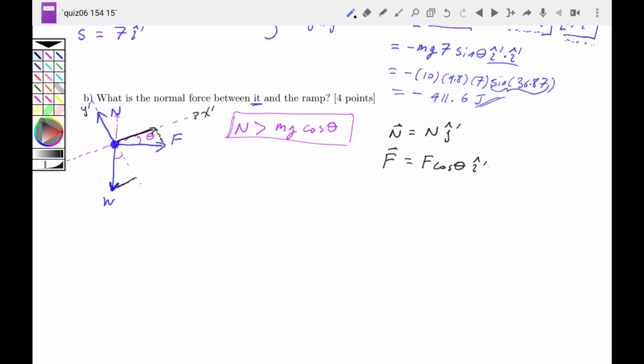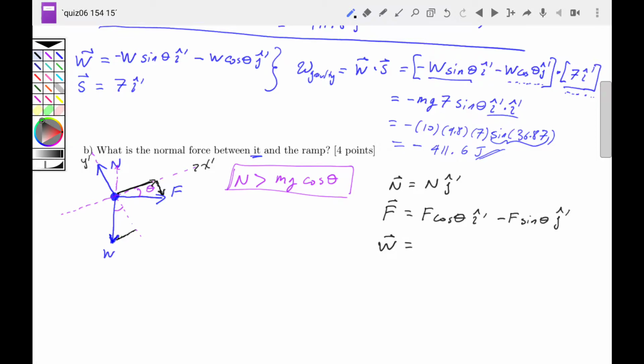That's the x direction. And then this component, F sine theta, negative F sine theta, because it's pointing down in the j prime direction. And then W, well, I just did W, I'll just go ahead and write mg sine theta i hat prime minus mg cosine theta j hat prime from up here.